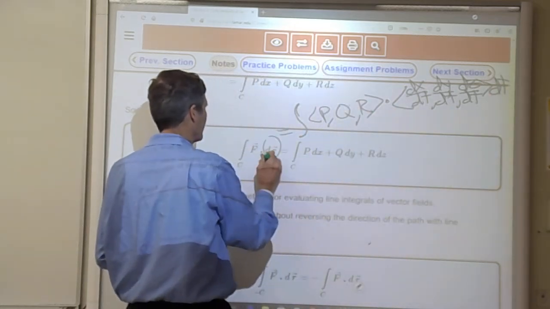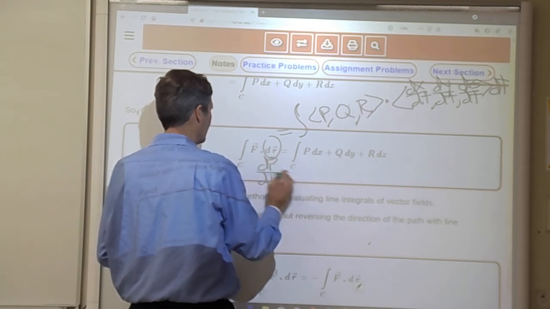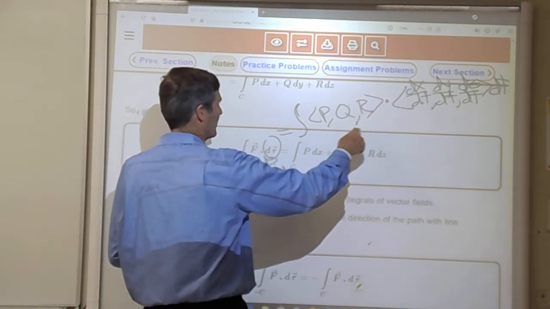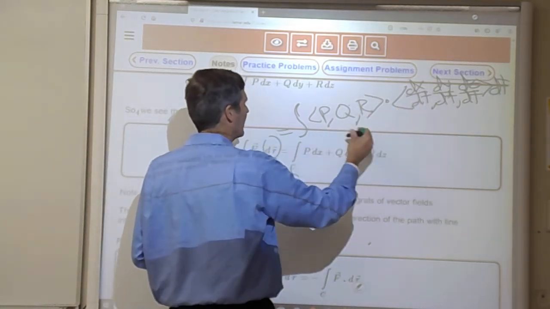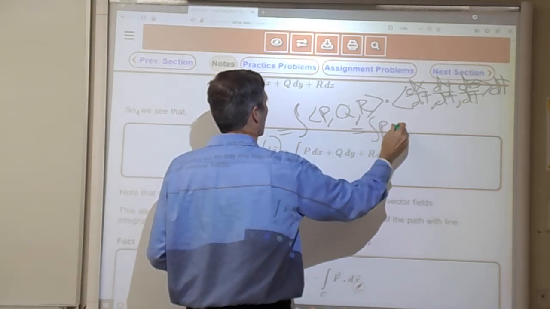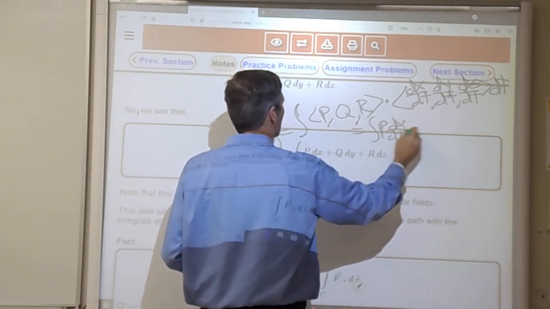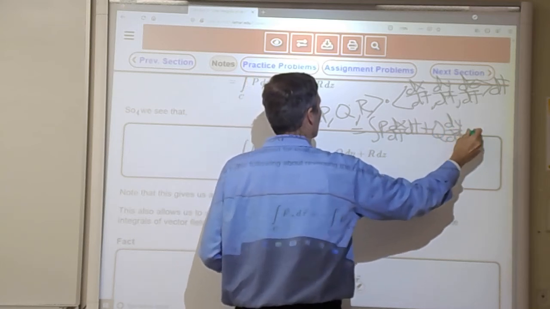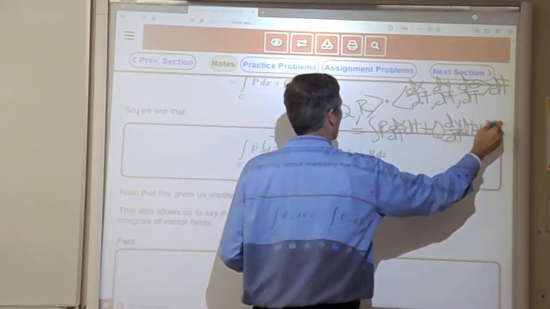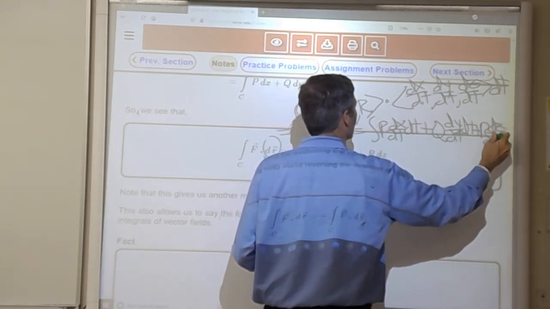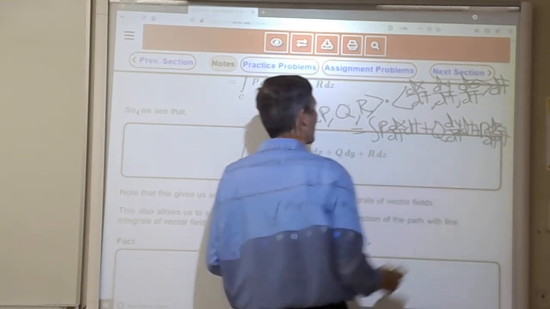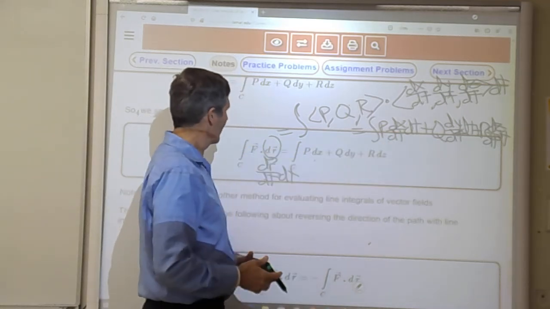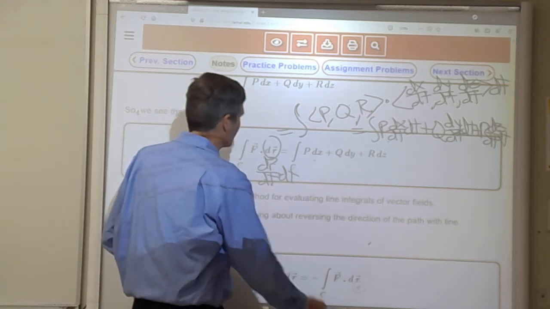This will be interpreted as dr/dt dt. That's the way we said we can evaluate it. Then any line integral can also be written as P dx/dt dt plus Q dy/dt dt plus R dz/dt dt, where dx/dt dt we call dx and so forth.